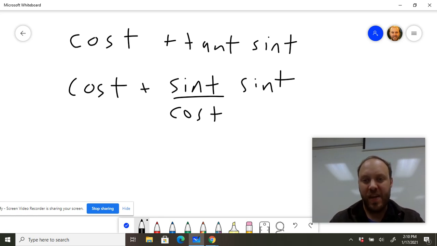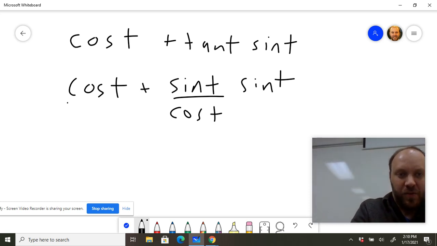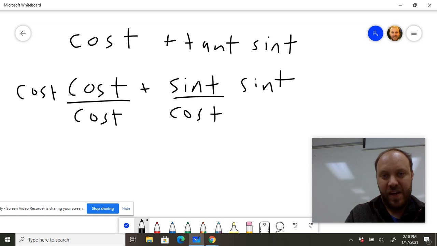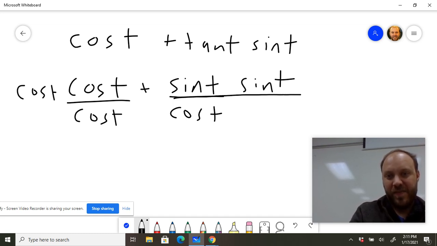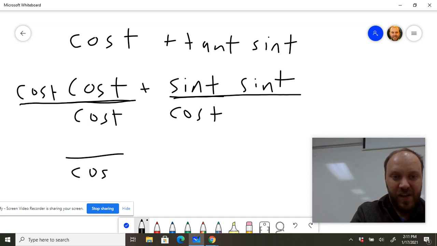But I've got fractions, and if I want to add fractions, I could get a common denominator. I could multiply the top and the bottom of this fraction here by cosine of t. And of course, in the bottom, that's going to give me a cosine of t. And so what you see here, once you go ahead and multiply these, we end up with sine squared of t over cosine of t plus cosine squared of t over cosine of t. You add with your common denominator, it's all over cosine of t.